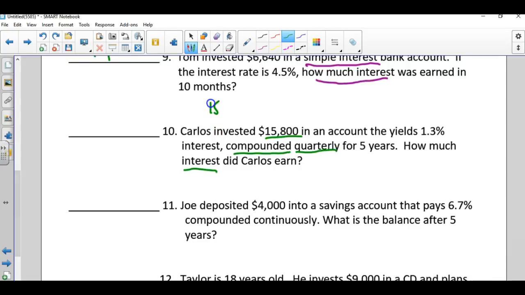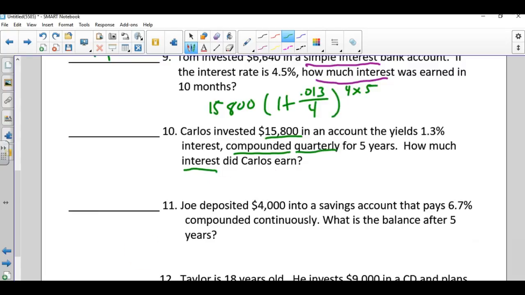All right, so let's solve and find the balance real quick. All right, if we went 15,800 and we multiply that by 1 plus the rate, 0.013, divided by the number of times compounded. It compounded 4 times. Quarterly is 4. Raised to the 4 times the number of years. How many years? 5 years. All right.